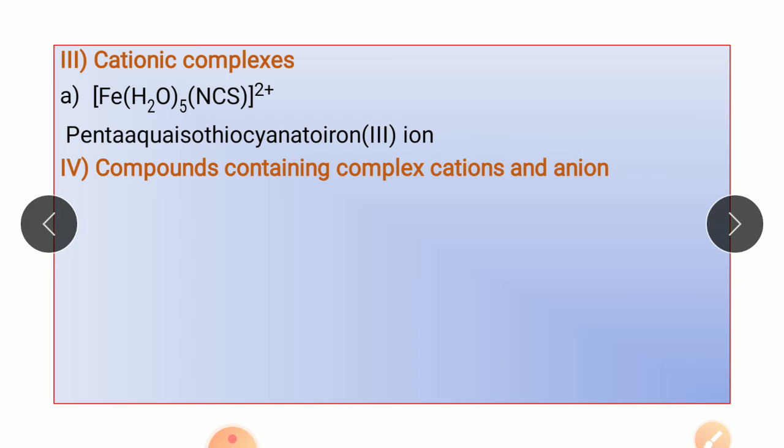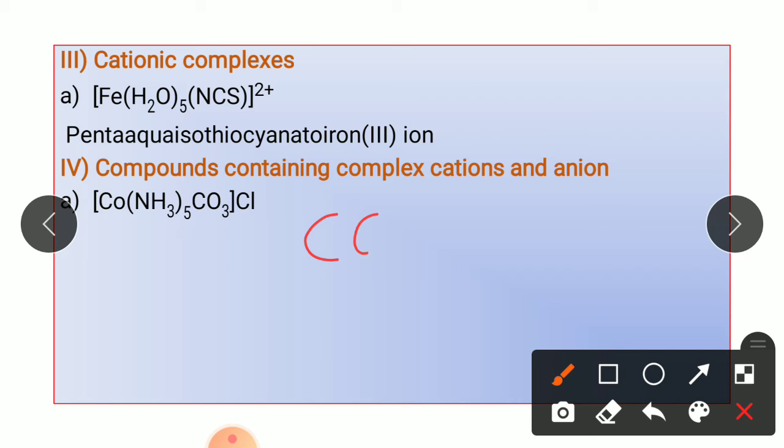Now moving to the next type, that is compounds containing complex cations and anions. Example is [Co(NH3)5CO3]Cl. Now here the complex is cationic, that is the complex is carrying a +1 charge, which is balanced by the chloride which is outside the coordination complex. Carbonate we know is carrying a -2 charge.